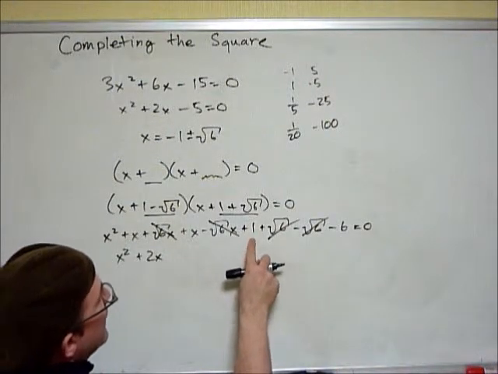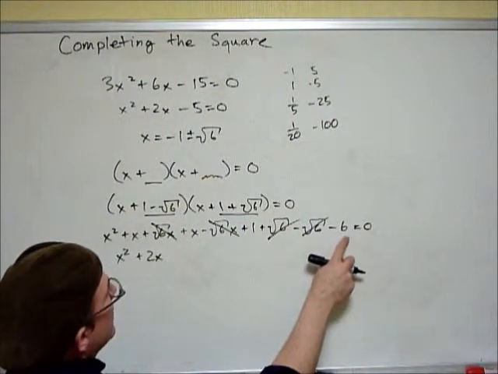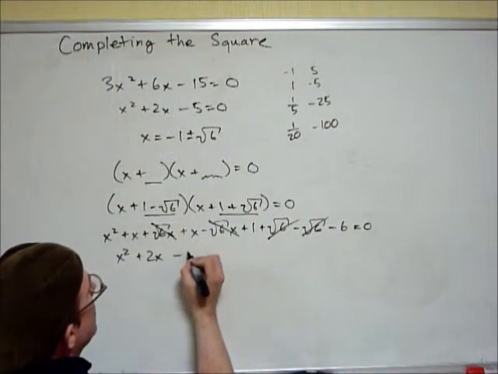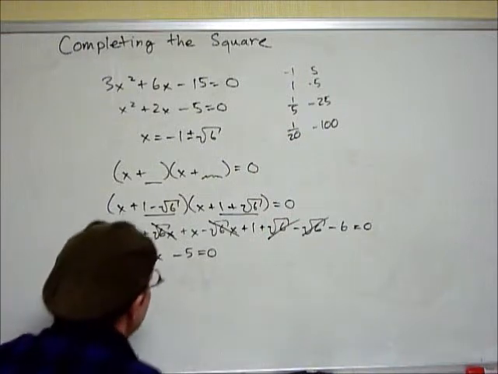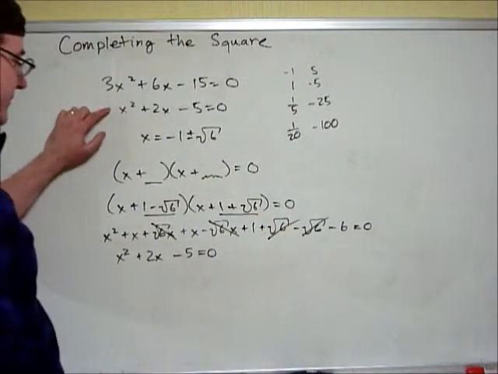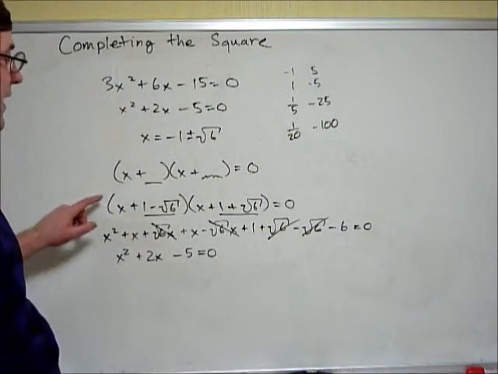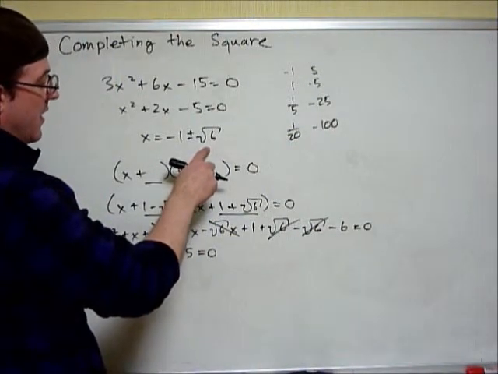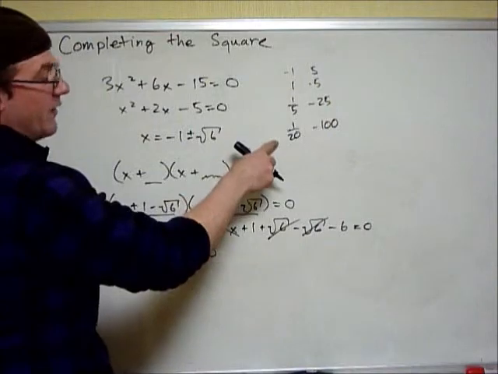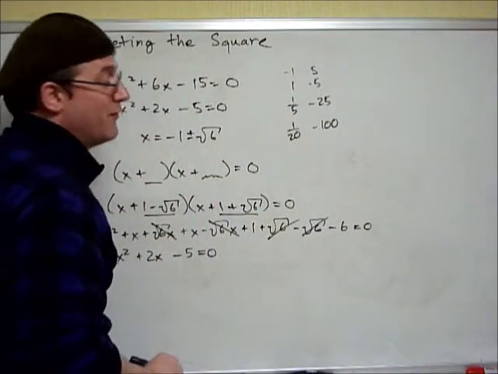And we got 1, and we got negative 6. So we have negative 5. That looks familiar. It looks familiar because it's what we started with. So we just verified that these two solutions give the factors that we were looking for, the non-integer factors, if we had been looking for them.